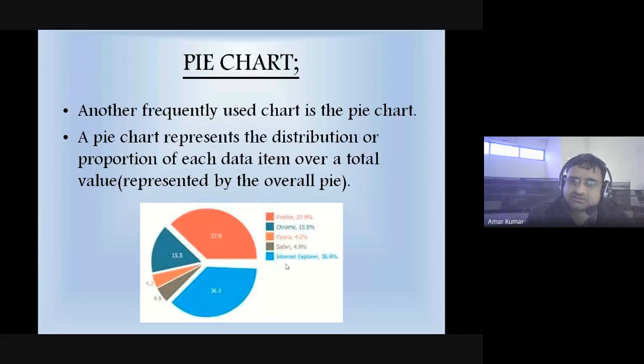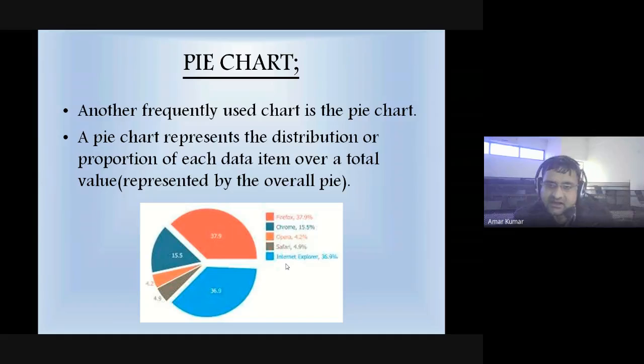So Firefox is used by around 37.9% of people, Chrome 15.5%, Opera 4.2%, Safari 4.9%, Internet Explorer 36.9%. These are the percentages of people who are using a particular type of browser.